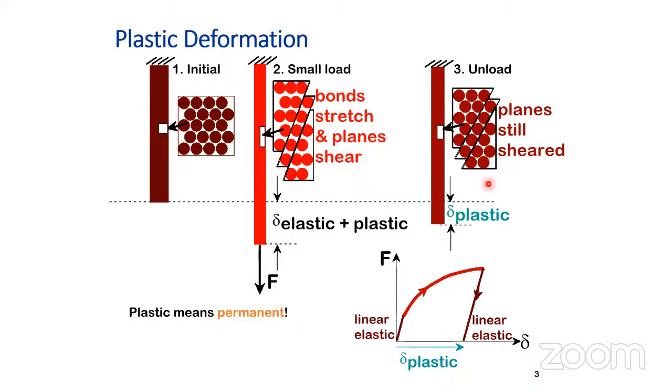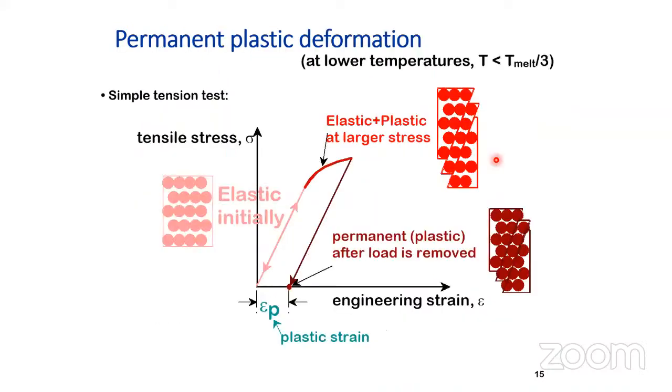Okay, in that case you will not get its original shape again. That's why plastic means permanent. If you stretch the material, you will not get its original shape again. So this is the type of plastic deformation. Then next to it is permanent plastic deformation.